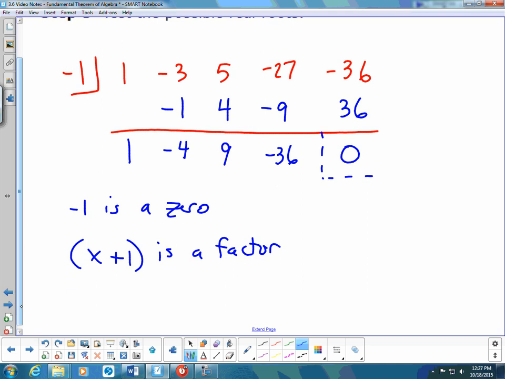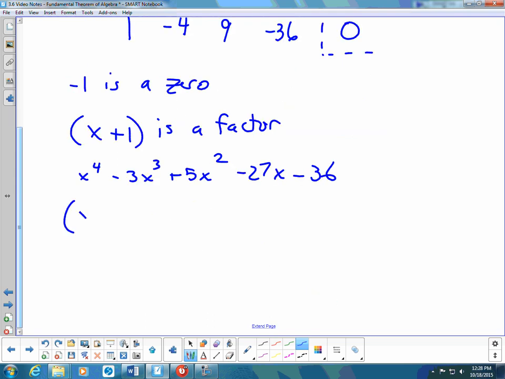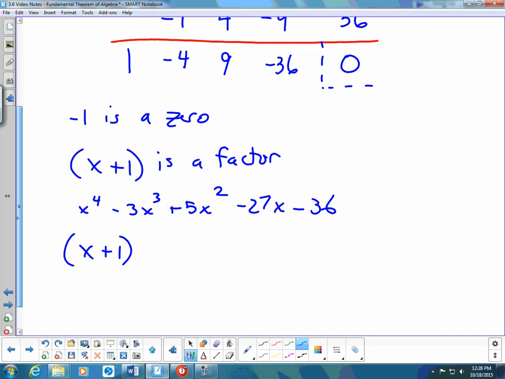So that means that if I wanted to write my equation, and my original equation was x to the fourth minus 3x squared plus 3x cubed plus 5x squared minus 27x minus 36, that now could be rewritten in factored form by using x plus 1.